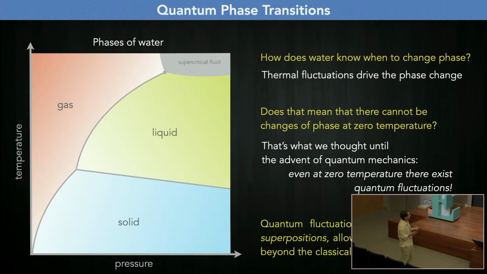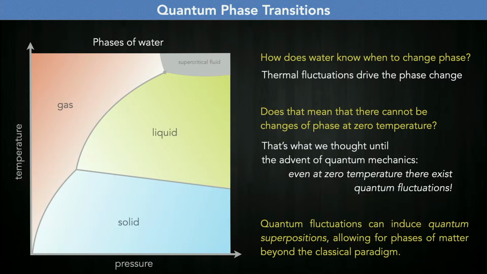Because these fluctuations are quantum, they have the possibility of creating quantum superpositions, and we might access new phases of matter that were not available with thermal classical fluctuations, okay? So quantum fluctuations can drive the system through phase transitions into phases that exploit the strange quantum mechanical properties that we all love, to create new phases of matter that were not there before, okay?